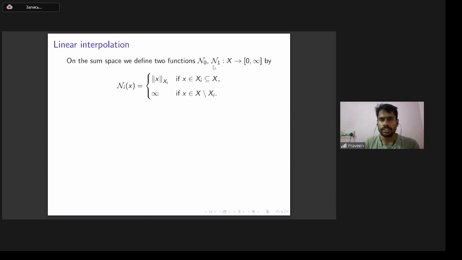These two energy functions satisfy all the properties of the norms, except that they are allowed to take values in the closed interval 0 to infinity. That is, infinity is also included.